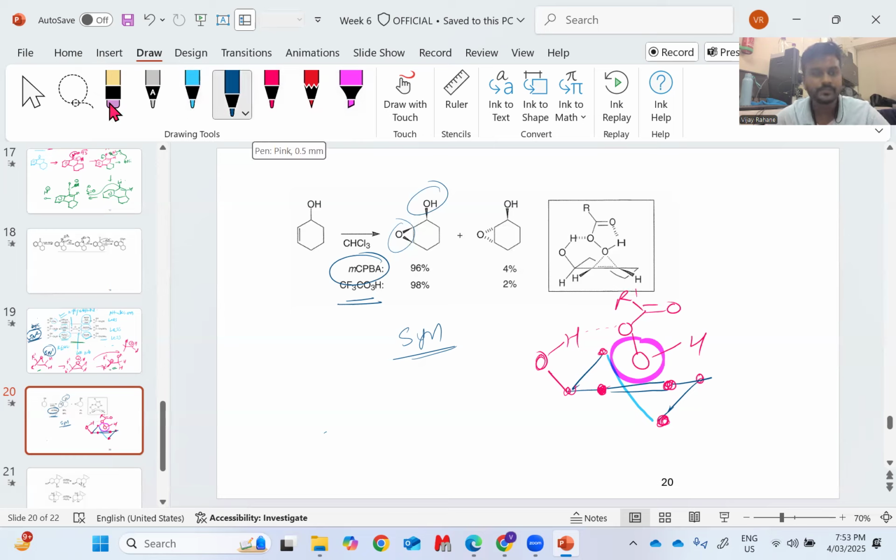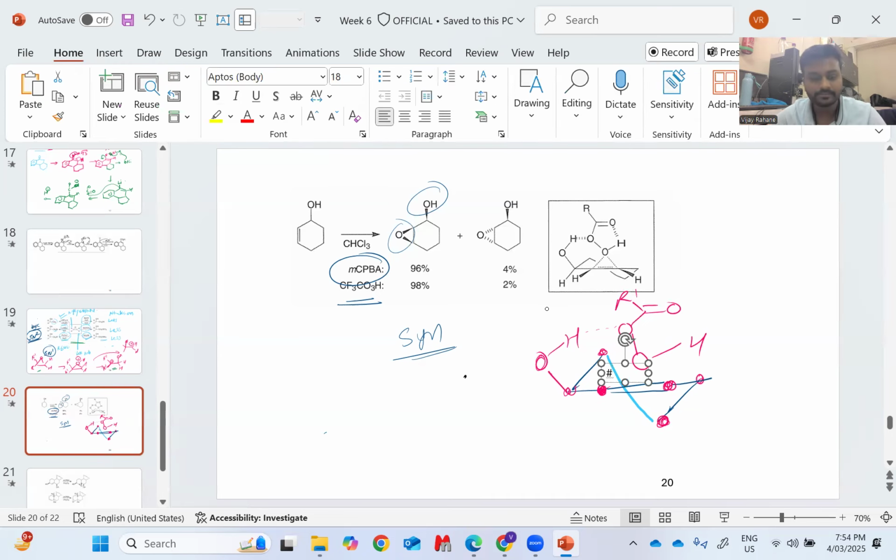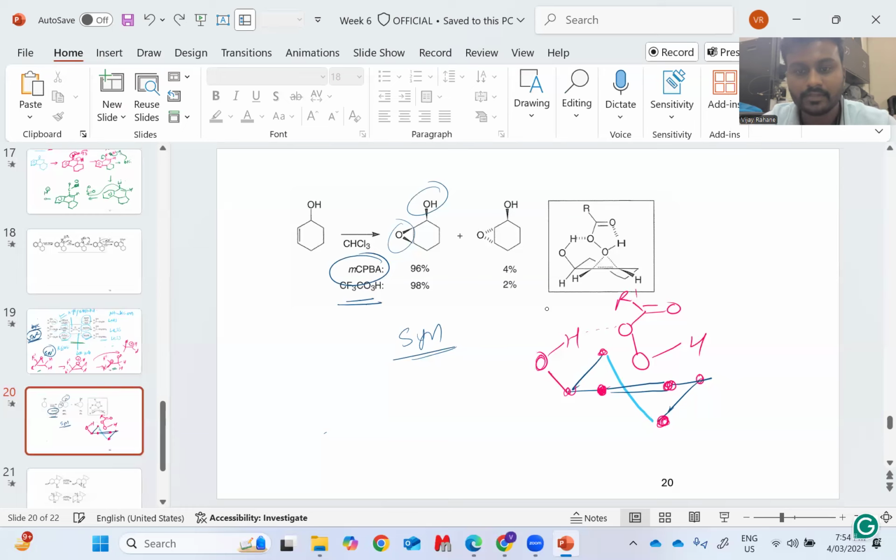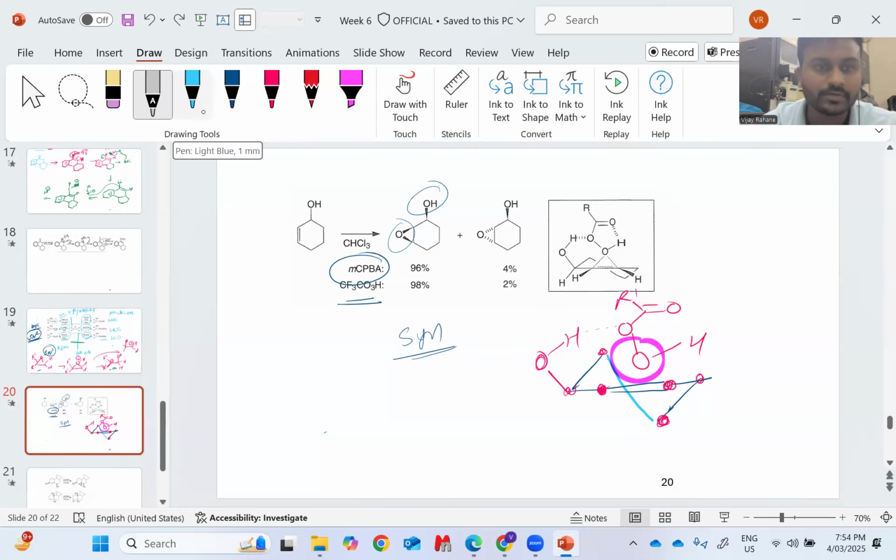This OH which comes from the peracid leads to the formation of such bonds. So the bond formation takes place directed to the same side as the direction of the hydroxy group.